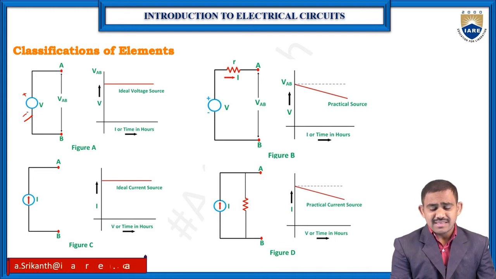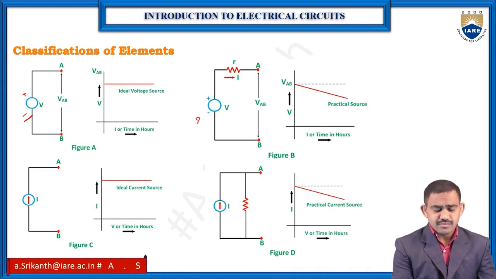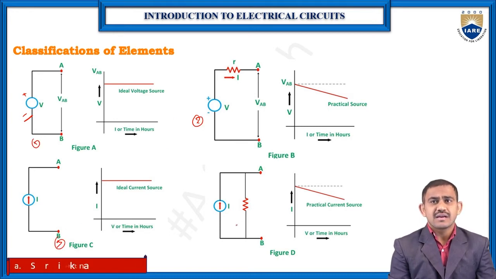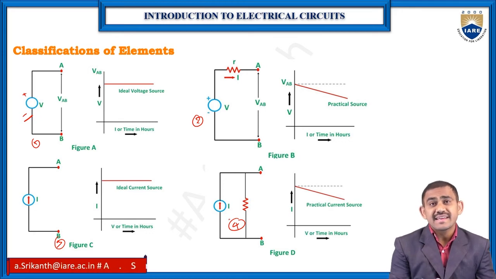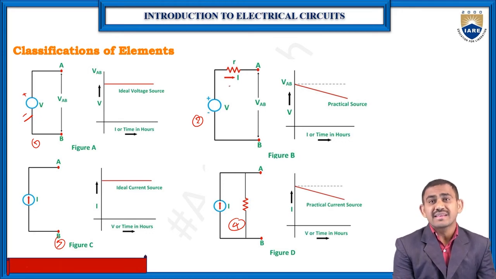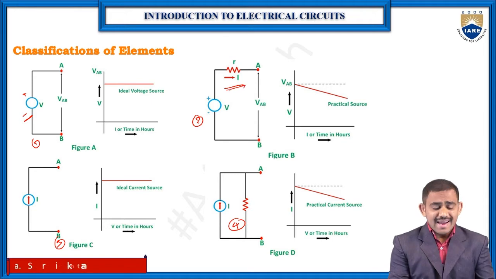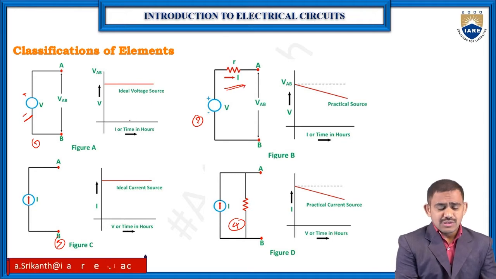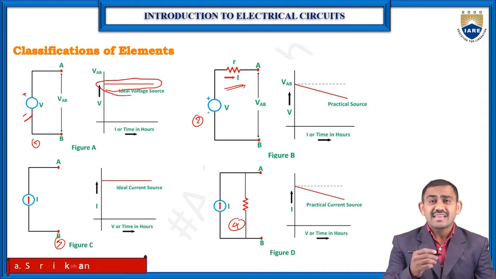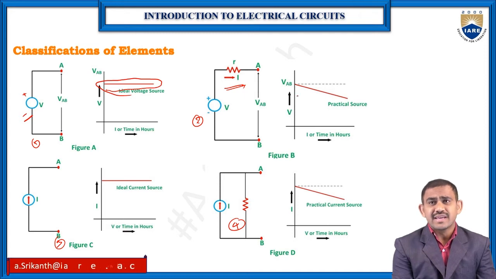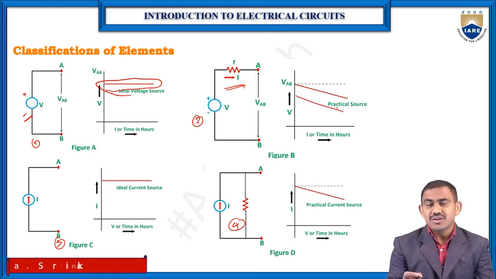Coming to the second figure, in the first one we don't have any internal resistance, and in the second one we have some internal resistance. Coming to the waveform, there is no change in your voltage. It's a straight line. When you have the internal resistance, then we have some changes. So some drawback is there.